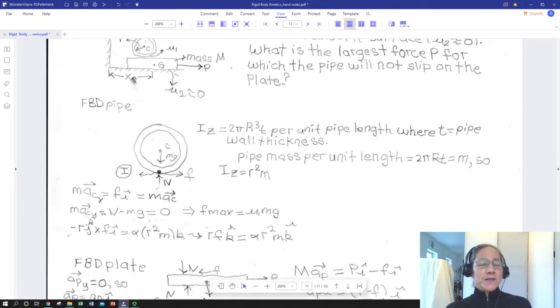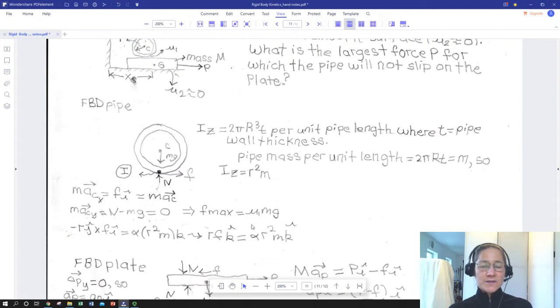So we know that the acceleration of the center of mass of the pipe in the y direction is 0, which means that the normal force and the weight are the same, which also establishes a maximum available static friction, which will be important for maintaining our rolling so we don't ever have any slipping at this point.